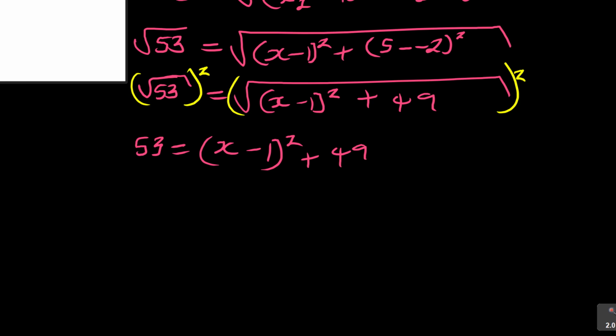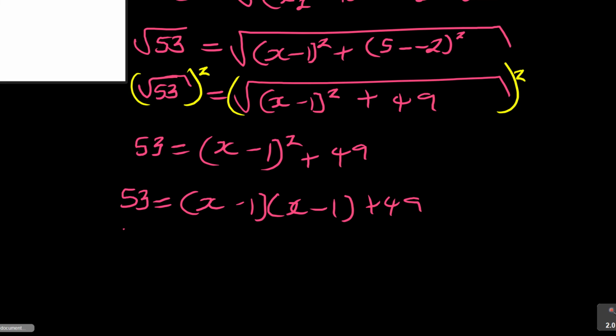And then from here, you say 53 is equal to, now what is (x minus 1) squared? It means it's twice. So this is (x minus 1)(x minus 1) plus 49. Are you seeing that? And then 53 is equal to, remember this is the FOIL method, x times x, x times this, this times this, this times this.